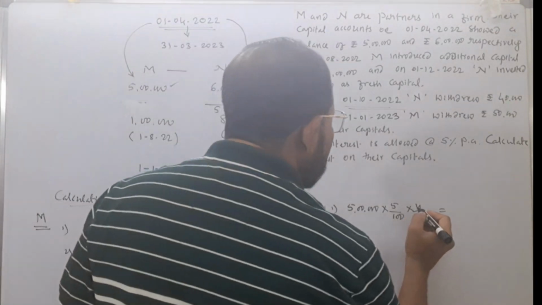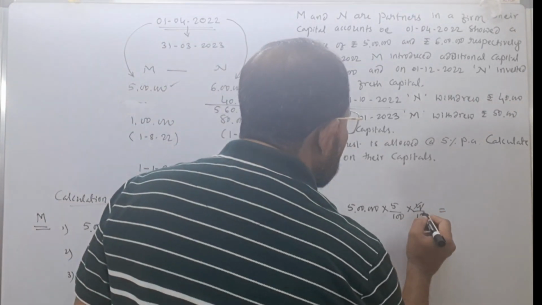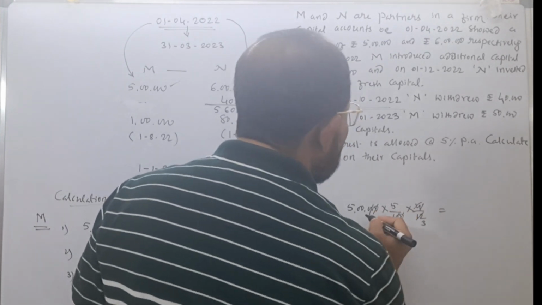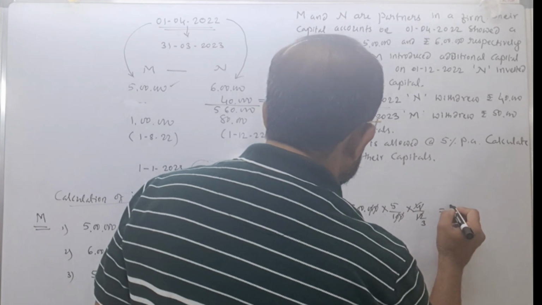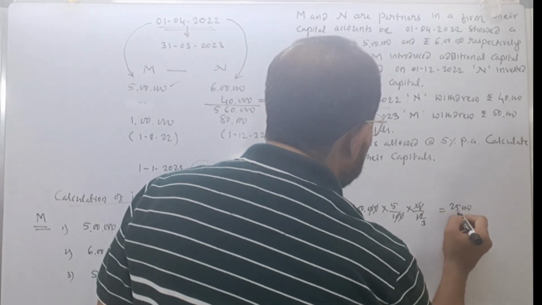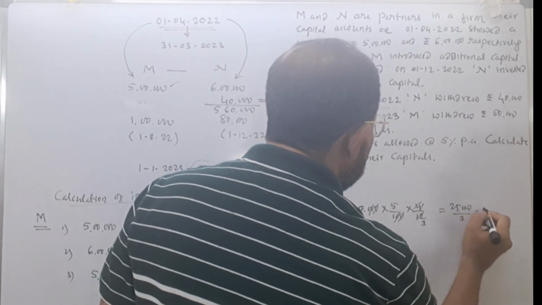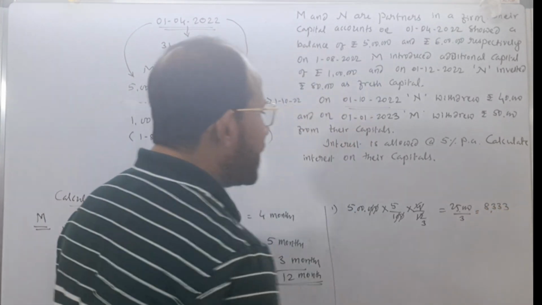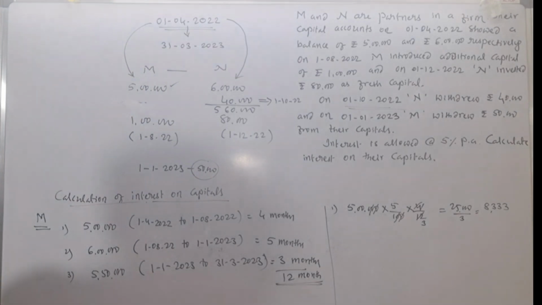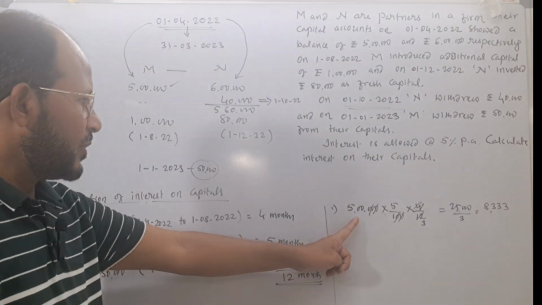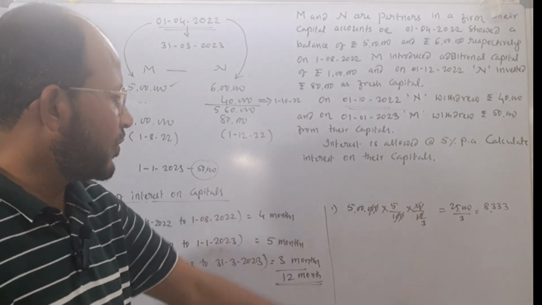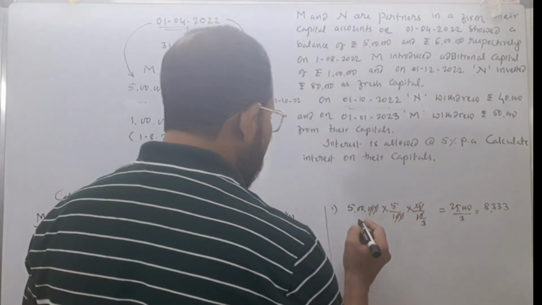Very simple thing. 4 ones are 4, 3s are 12, 0 gets cancelled, 0, 0 cancelled. Then it comes to how much? 25,000 divided by 3. Whatever it may be, you take this one as his interest. See, rupees 5 lakh at 5% into 4 by 12 for 4 months you calculate.